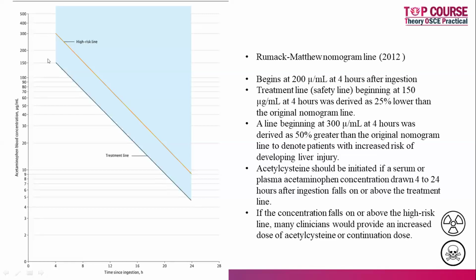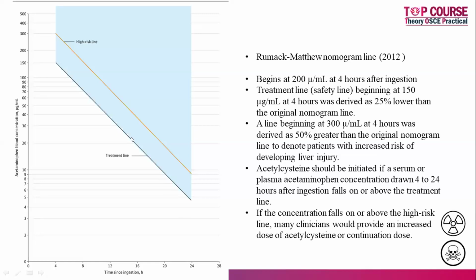So this begins at, if you see the concentration, 150 microgram per ml at 4 hours, which was derived at 25% lower than the original nomogram line.